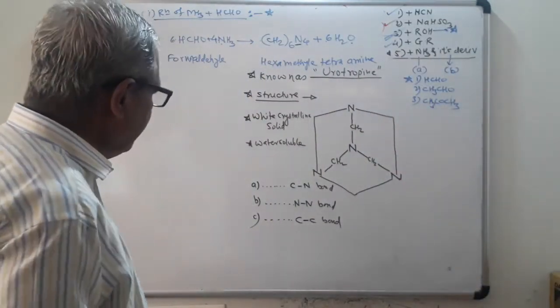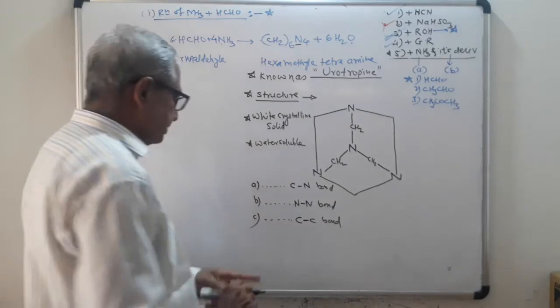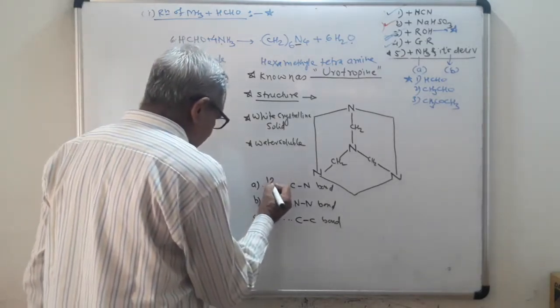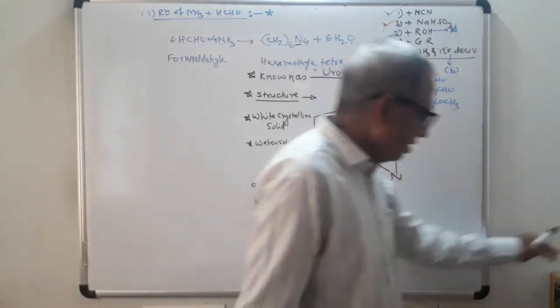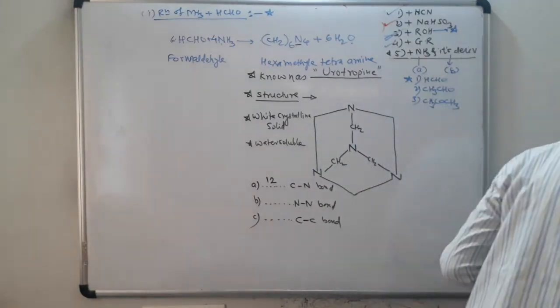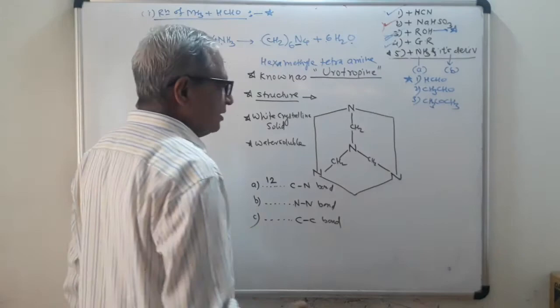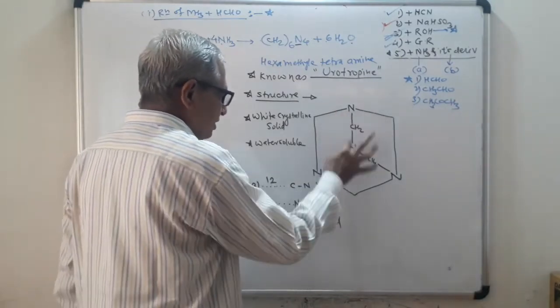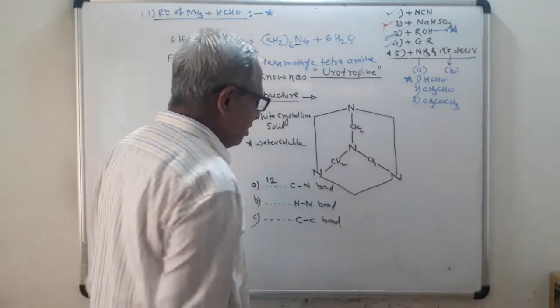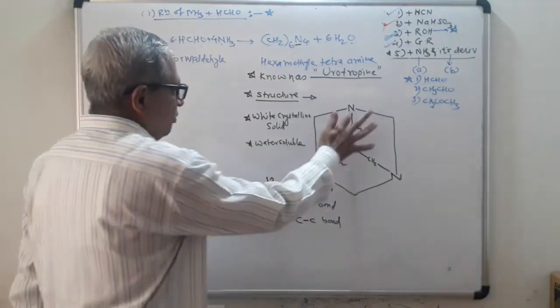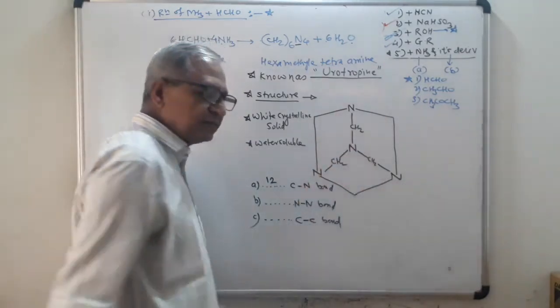Now see here, how many carbon nitrogen bonds? There are 12 carbon nitrogen bonds. Count here the 12 carbon nitrogen bonds. See, if you select any nitrogen atom, either this or this or this out of the 4, 1, 2, 3, 4, you select any one.